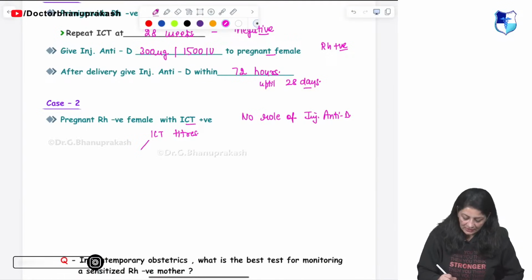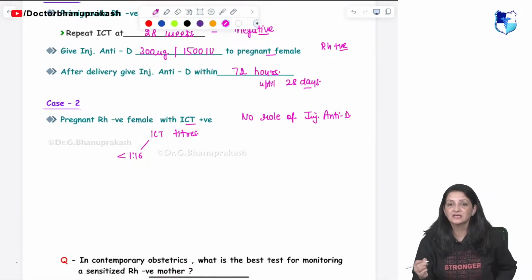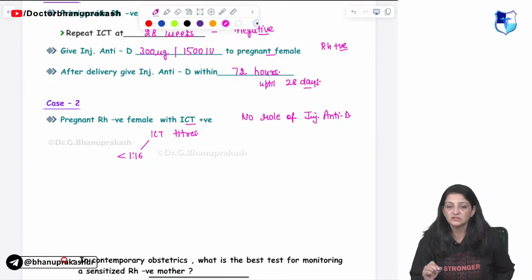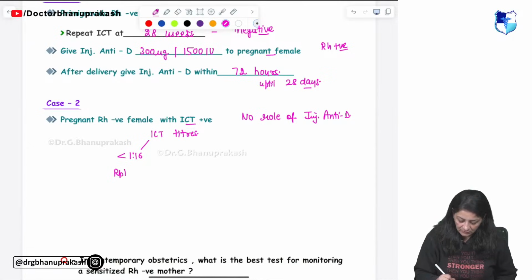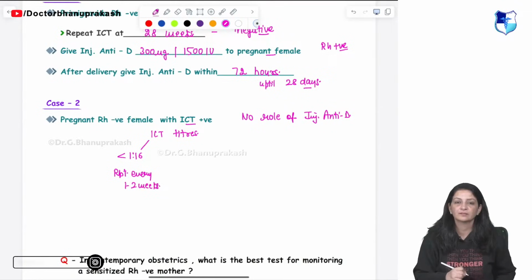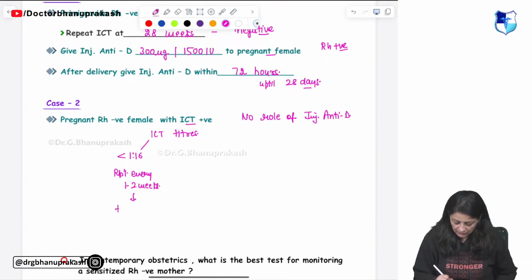If titers are less than 1:16, it means fewer antibodies are formed. This is not significant. So repeat titers every 1 to 2 weeks till 37 weeks.